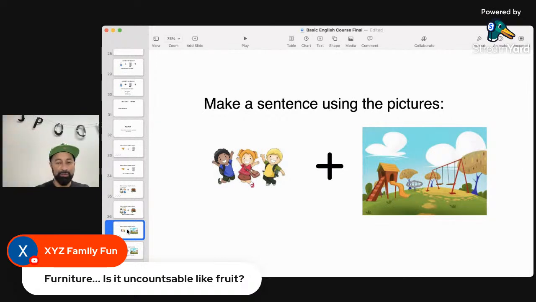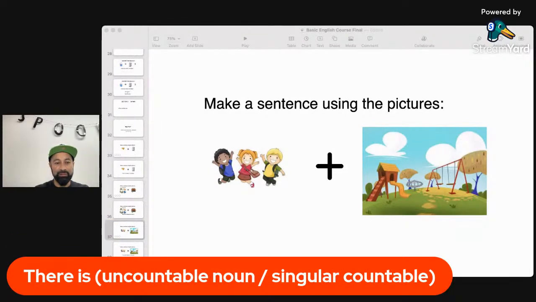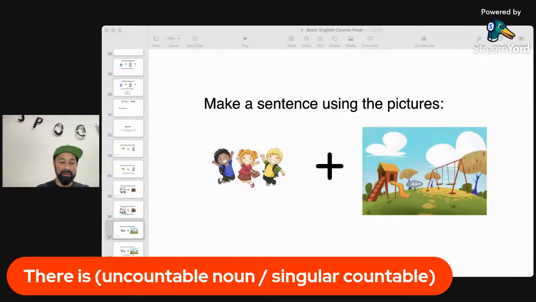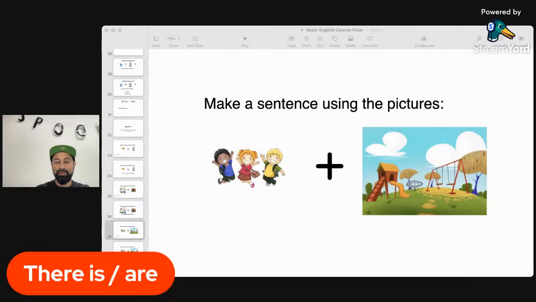There's no question mark, so there's no question here. So you are going to be making a sentence using there is plus an uncountable noun or there are plus a countable noun. If it's a singular item, we also use there is. All right, so please choose whether we're using there is or there are.